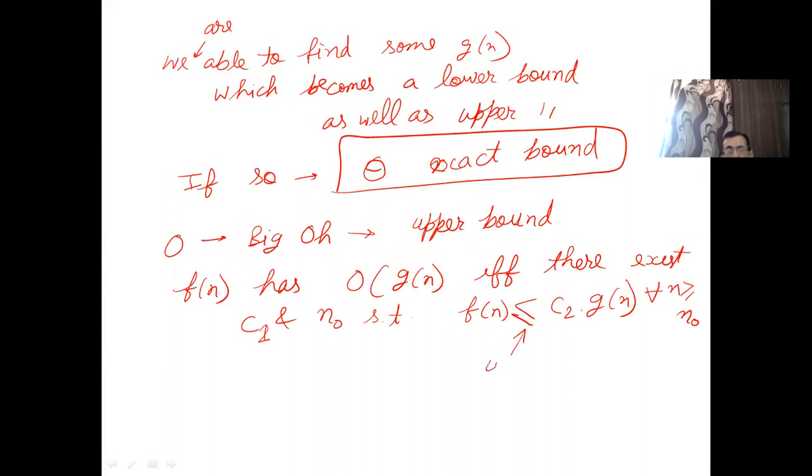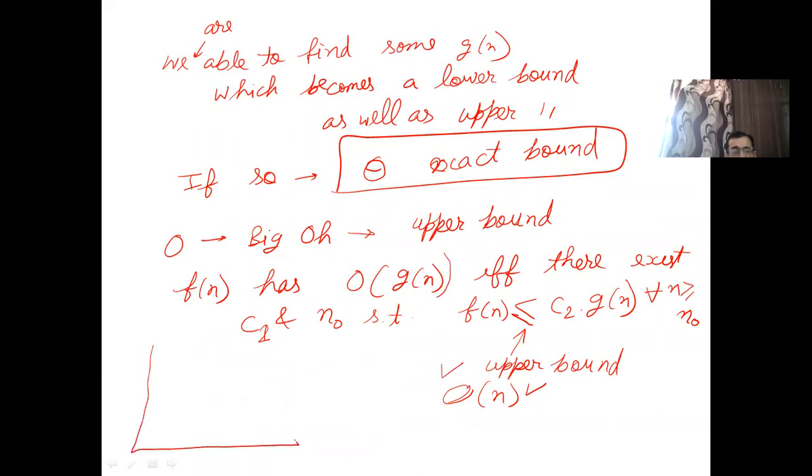So this is an upper bound. f(n) will always be less than or equal to this, for large values of n, and the dominating term will be guaranteed known to us. So this is what it means.